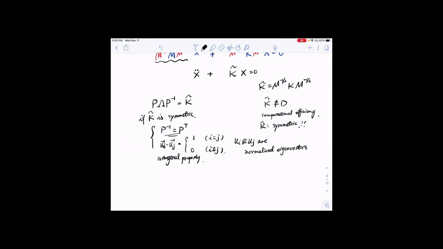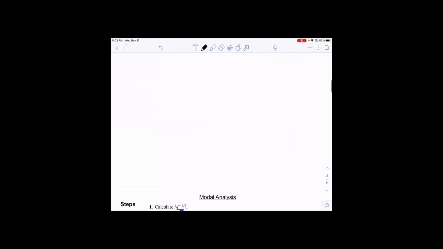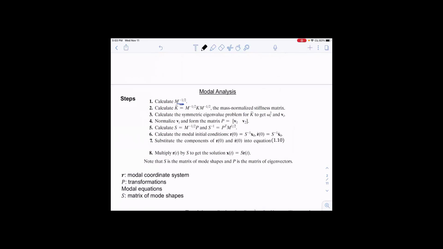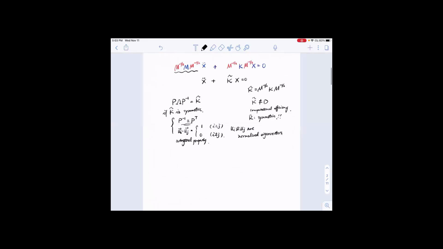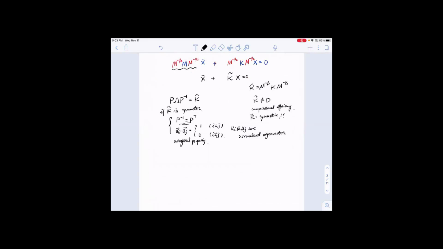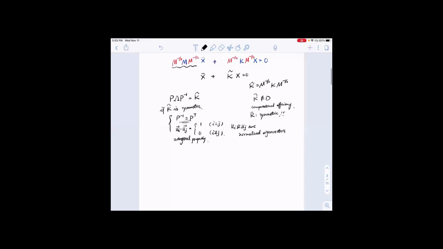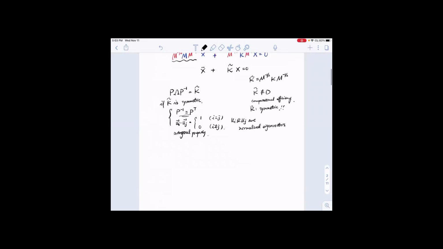All right, let me explain these using something here. First of all, you convert your original equation to x double dot plus k tilde x equals 0. After that, we find the eigenvalues and eigenvectors for k tilde.